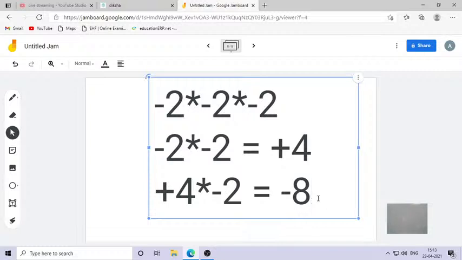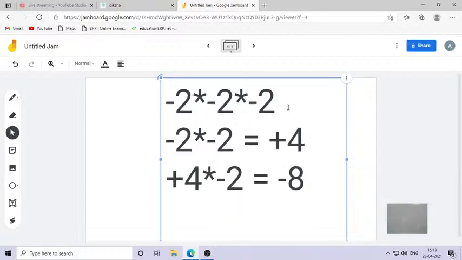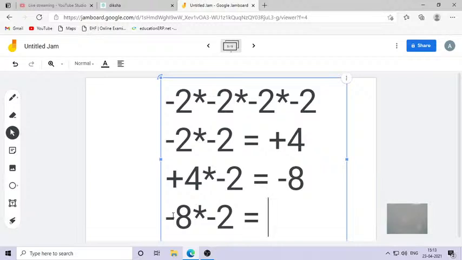But if we take this in a continuous manner, suppose we want 4 negatives, minus 8 multiplied by minus 2 becomes plus 16.